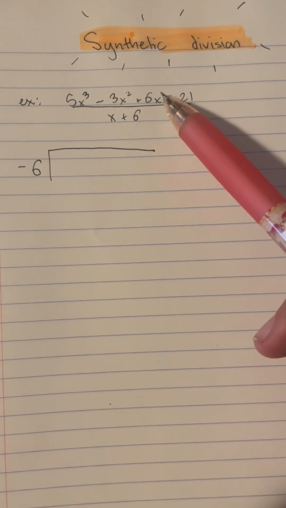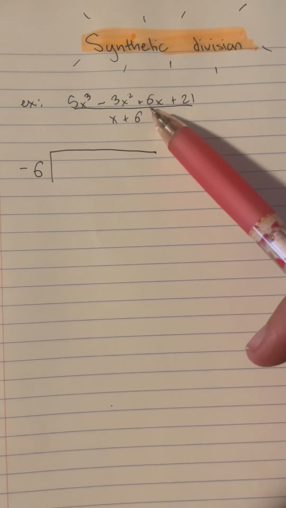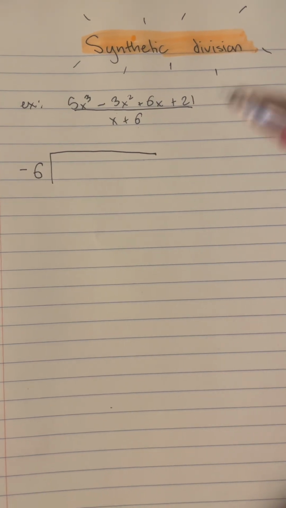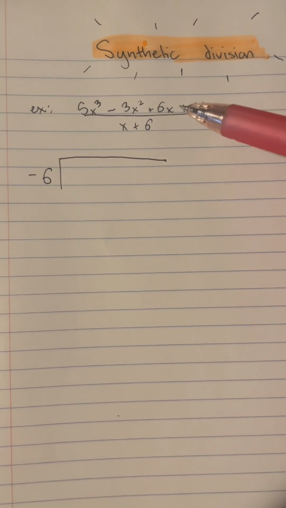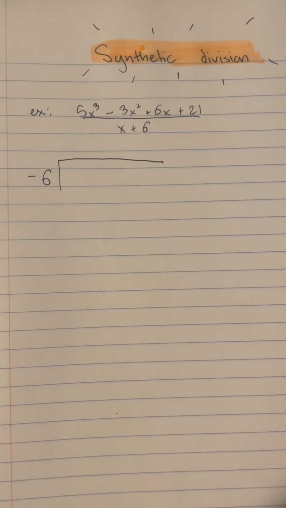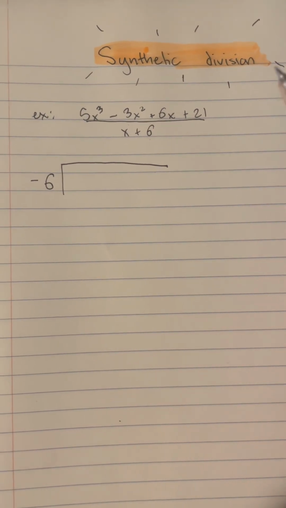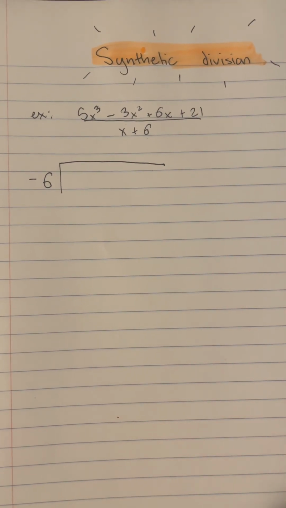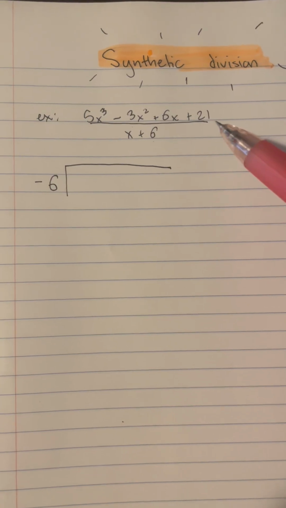So even if I didn't have a 6x, I would still have to put a 0 for my x to the first, even if there was no x in the equation. You can't be skipping terms. You couldn't just go from 3x squared to 21, because that would assume that 21 is the coefficient of x.